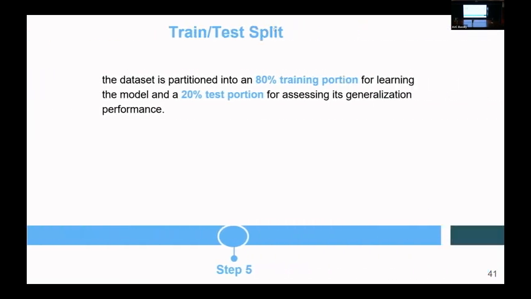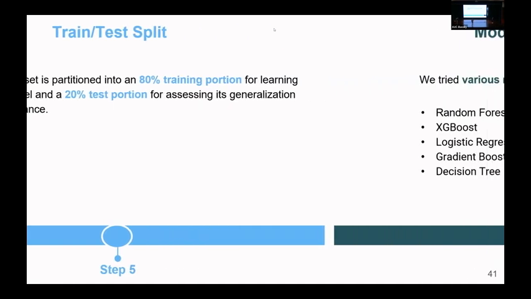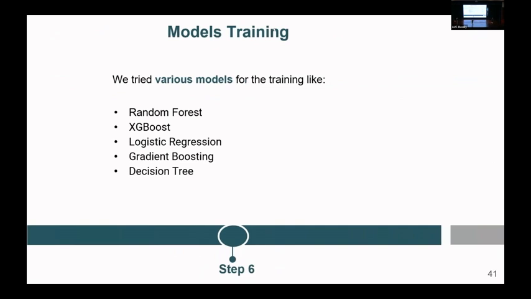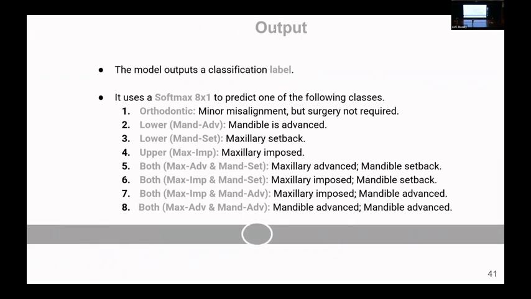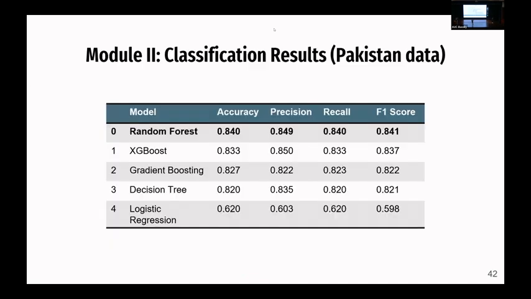And lastly, we did a train test split with 80% to 20% train versus testing. And the last step is we tried various methods such as random forest, XGBoost, which we're gonna talk about later. And finally, our output is one of the 8 known diagnosis classifications from the dentistry.